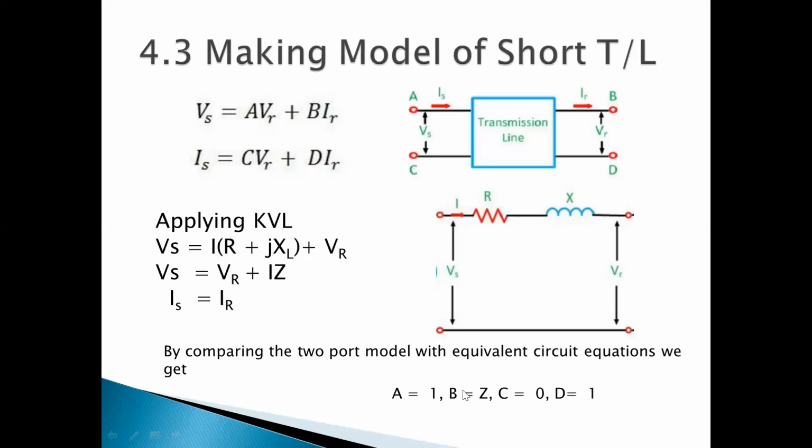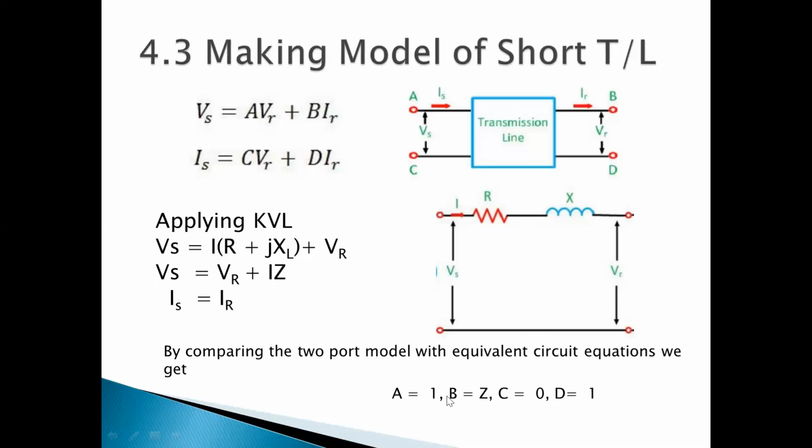If I have 5 ohm resistance over here and, for example, 10 ohm reactance, J10, I will just write B is equal to 5 plus J10. So these are the constants.